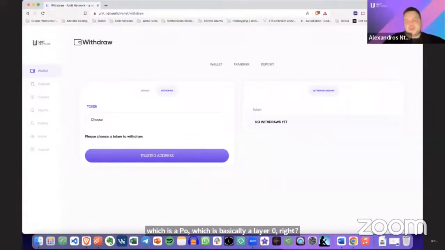I prefer to call it token, but you can also call it currency. The difference here is that Bitcoin and Ethereum and the other currencies do not have a layer zero network and Unit has. So you're still a layer one, but you have infrastructure, the Substrate infrastructure, which is the layer zero, and Polkadot, and then you start building layer ones on top of the layer zero. The other blockchains do not have a layer zero; they just have a layer one.